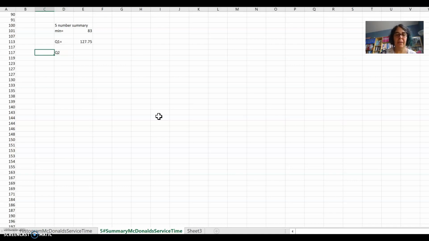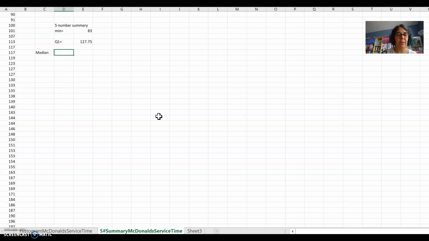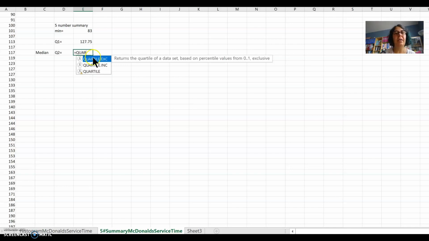So Q2, which is another name for median. And there are multiple ways to find the median, as you see. Q2, enter. I'm going to go ahead and do the same thing. Q2, number 2. I'm going to type in quartile.inc. Double click.